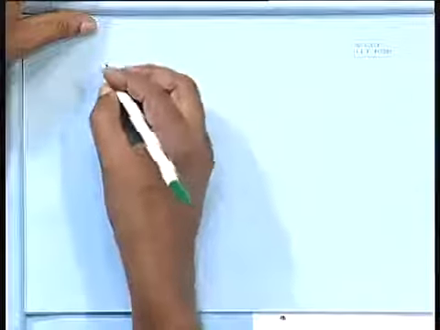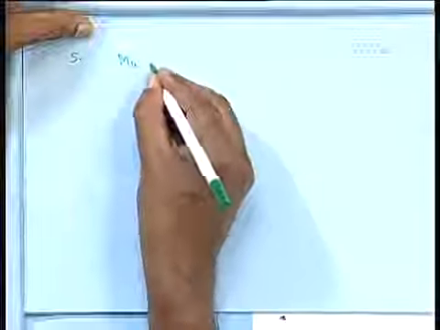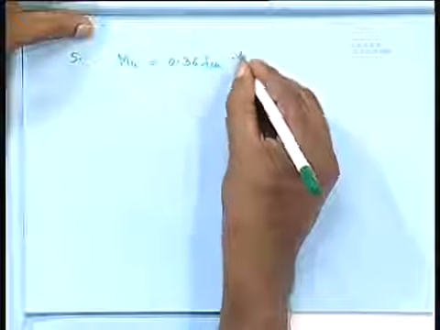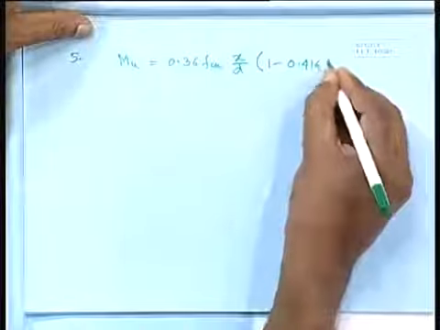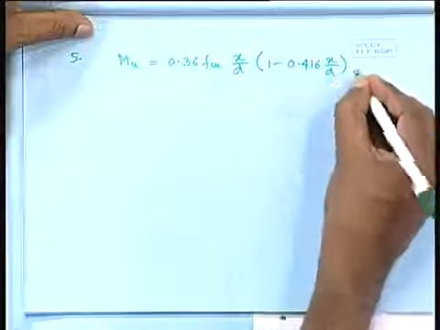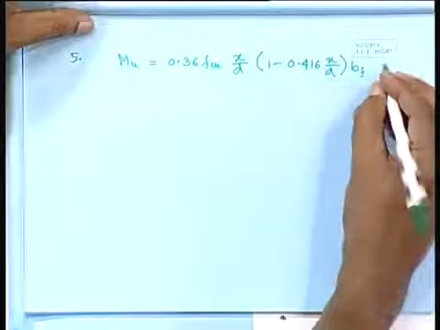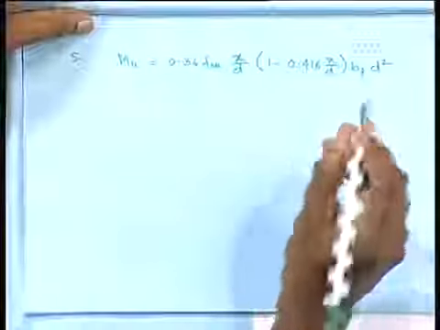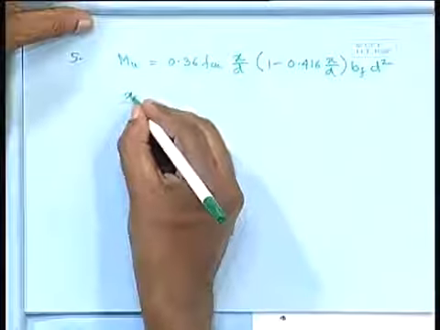We know that Mu equals 0.36 FCK x by d times (1 minus 0.416 x by d) BF d square, here BF, because we are talking about the T beam. If we rearrange this one, then we can get this formula.